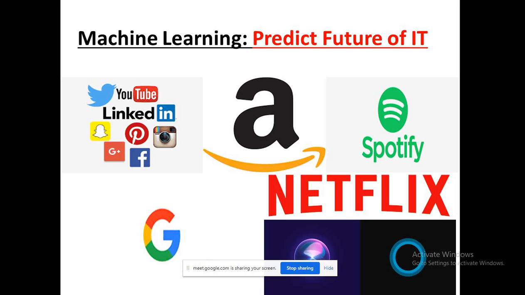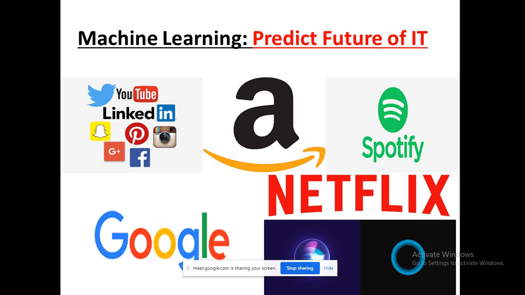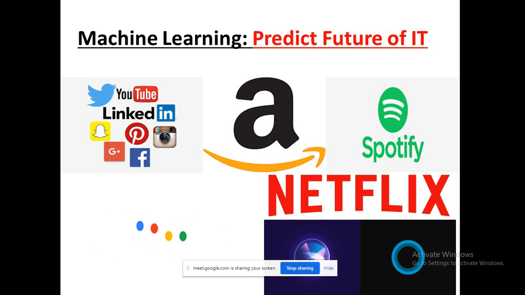The most popular platform is Google. In each and every Google application they have embedded machine learning, it may be YouTube or email or Google Maps or Google Translate.